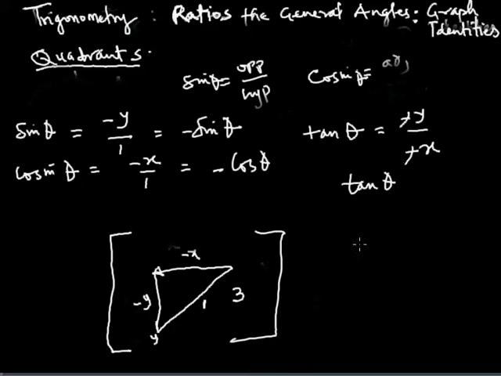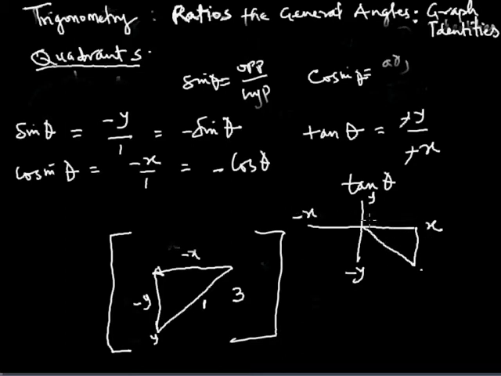Now, when we're looking at the fourth quadrant, remember the quadrant is like this. This is the positive y, this is the negative y on the y-axis, and this is the x-axis.